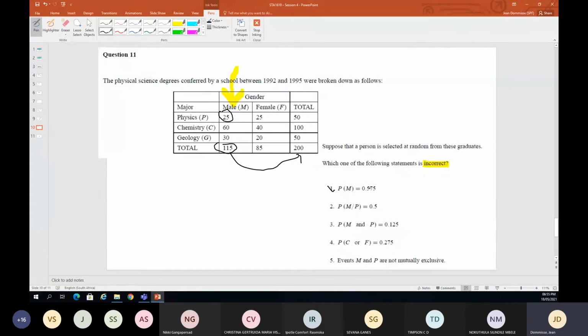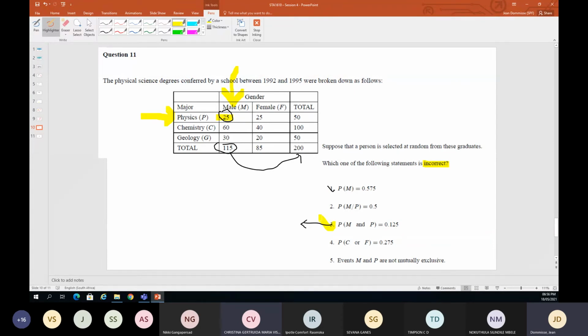So unfortunately, let's look at the other options. So there's M and P. That is what you were actually looking at. There's the male, there's physics. So that divided by the 200 will give you that answer. So let's quickly see, 25 divided by 200, 0.125.